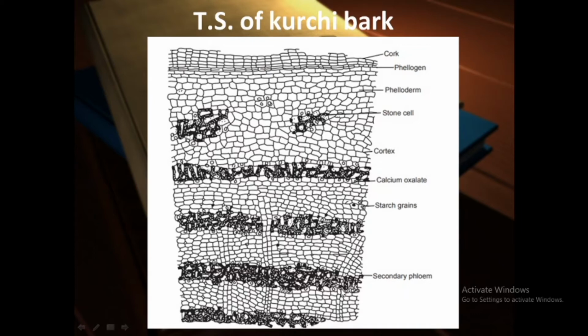The medullary rays are 2 to 3 celled and contain elongated parenchymatous cells. This is the most important microscopy of Kurchi bark. So this is the transverse section of the Kurchi bark, which can be divided into three different parts: periderm, cortex and secondary phloem.